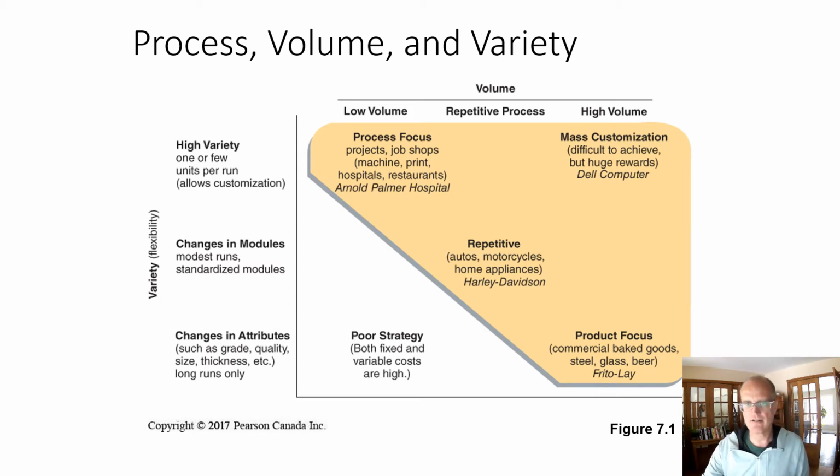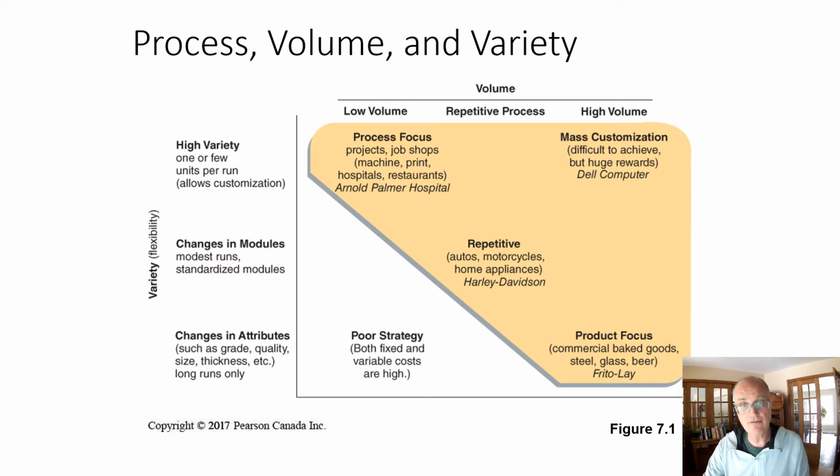And then we look at volume, how many units we're producing. So here we've got product focus, which is low variety and high volume. If you think about a baked good where we're making the same bread, or high volume breweries making the same beer over and over again, in those contexts we have a product focused process where we do the same thing over and over and over again.